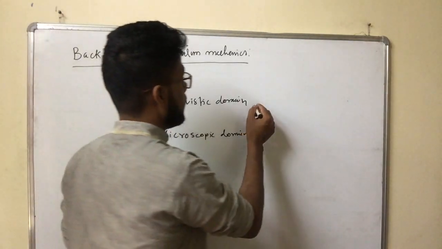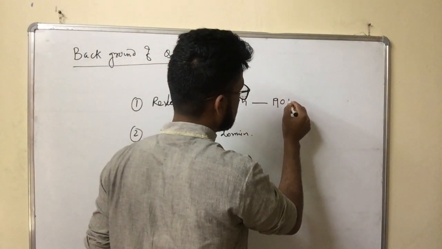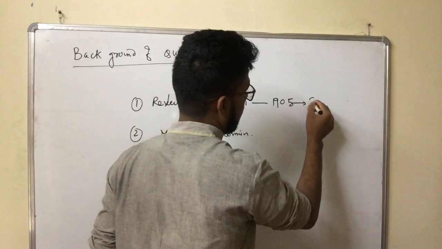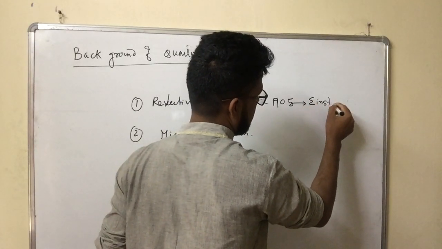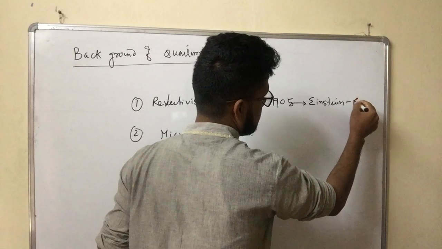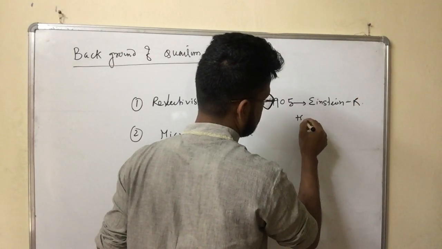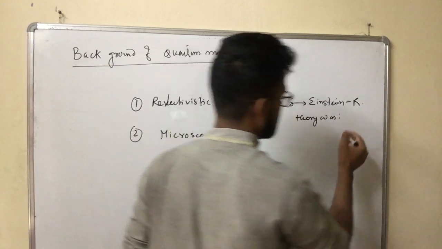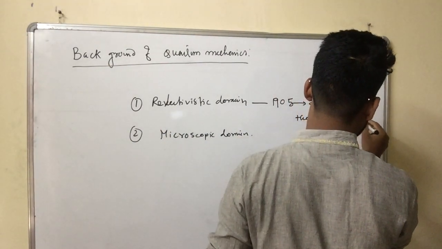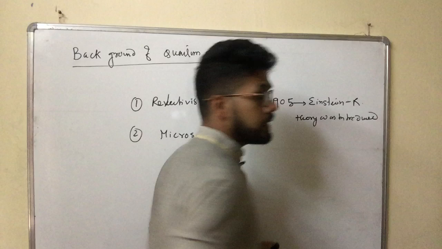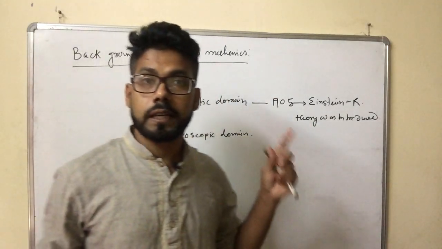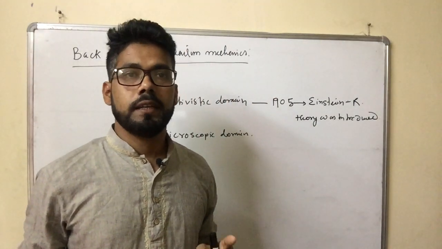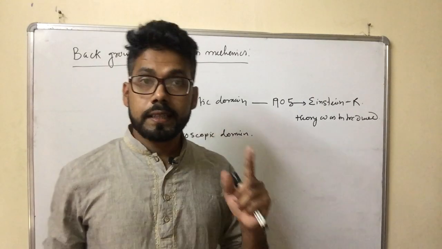So what happened? In 1905, Einstein's relativity theory was introduced. In order to overcome this difficulty, in 1905, Einstein provided the relativity theory.